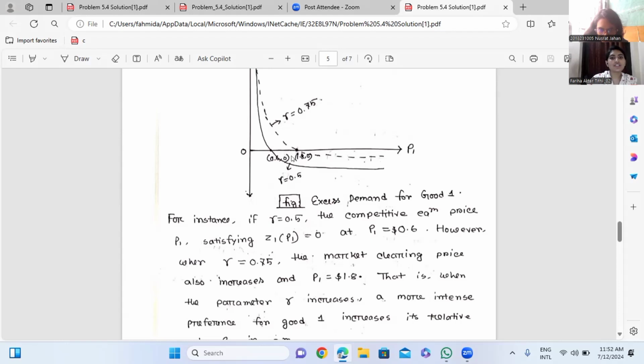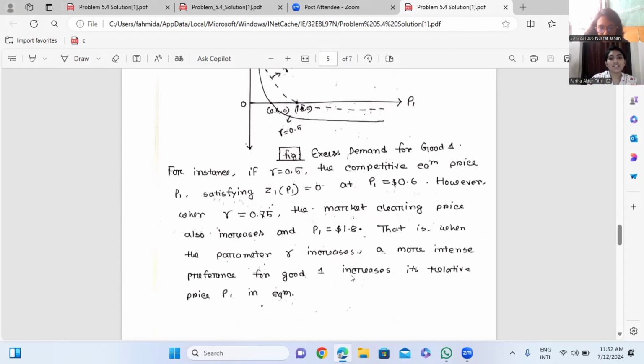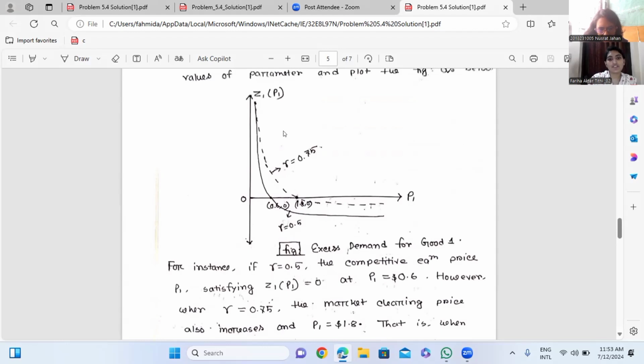And when I increase gamma to 0.75, the market clearing price is also increasing, 1.8. Before it was 0.6, now it is 1.8. That means whenever the parameter increases, the price of good one also increases. The demand for good one is increasing, the preference is increasing, so the price is also increasing. That is why the curve is shifting to the right.